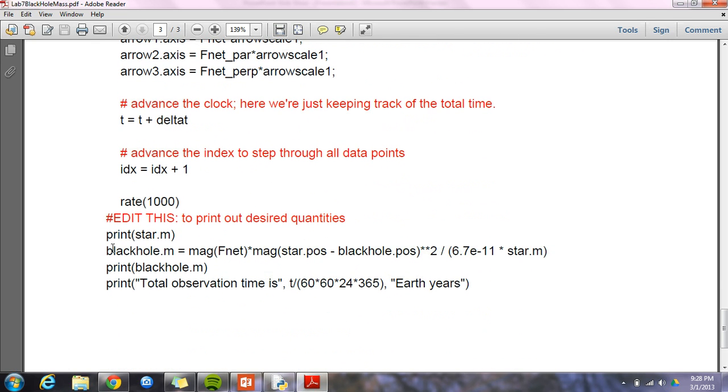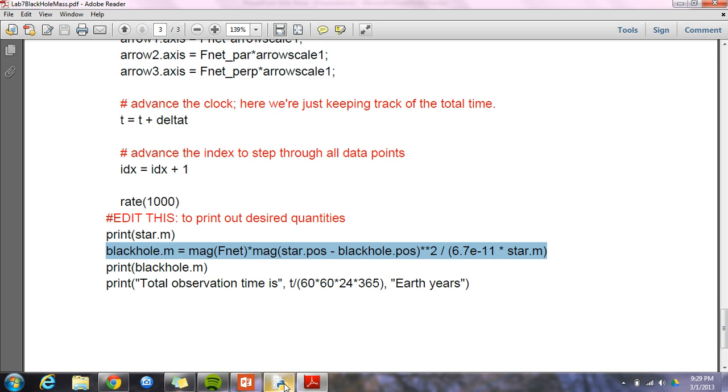And the last alteration we have to make to our code is rearranging Newton's law of gravitation to find the black hole's mass. So we have the magnitude of the net force times the position vector squared divided by G times the star's mass.